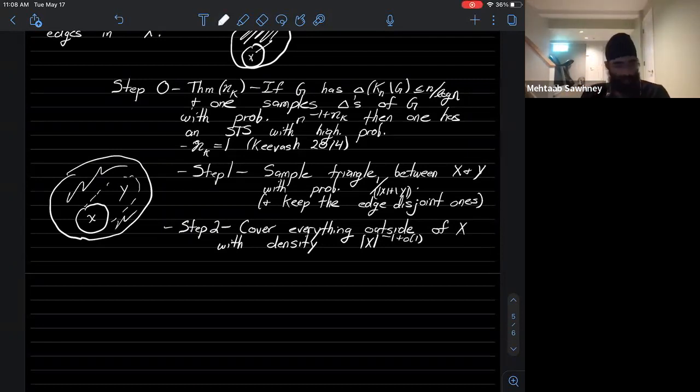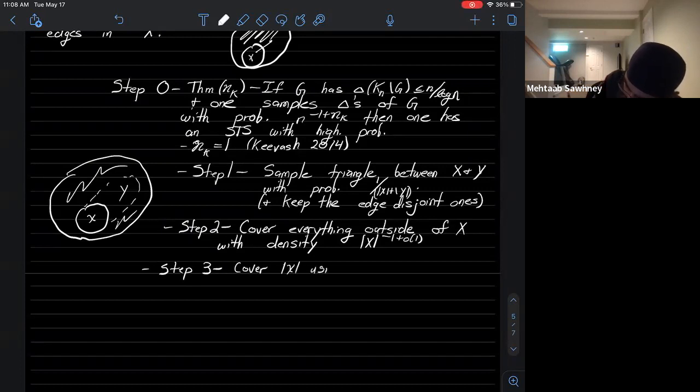Well, I told you I have to do induction, so at some point I need to invoke the inductive hypothesis, or step 0. So step 3 is I'm going to cover X using triangles of density X to the -1 plus eta k minus 1.